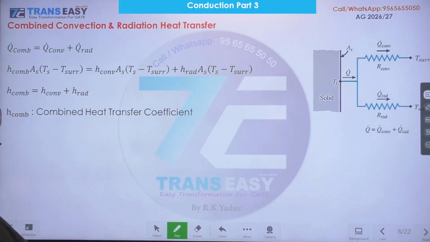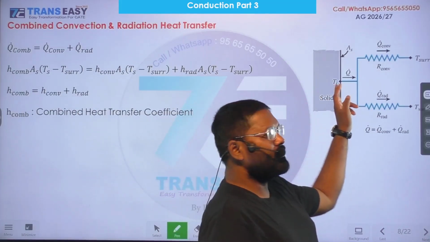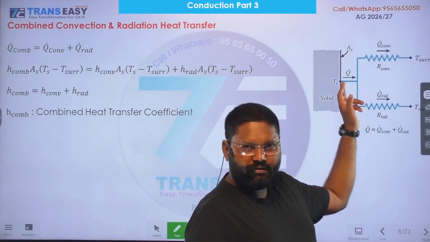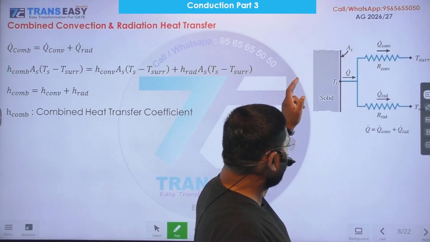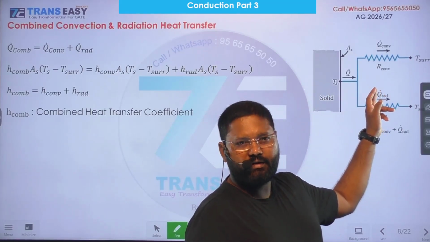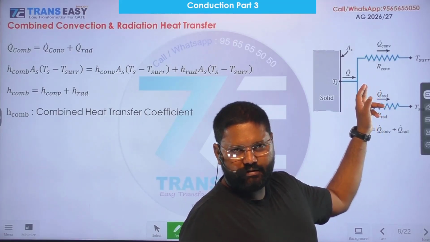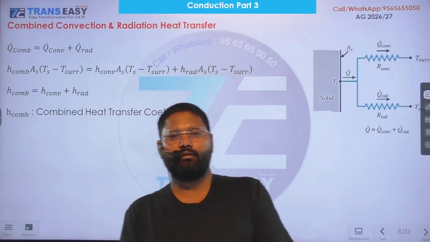equations. Combined convection and radiation heat transfer. Suppose the surface is participating in both convection and radiation heat transfer, right?